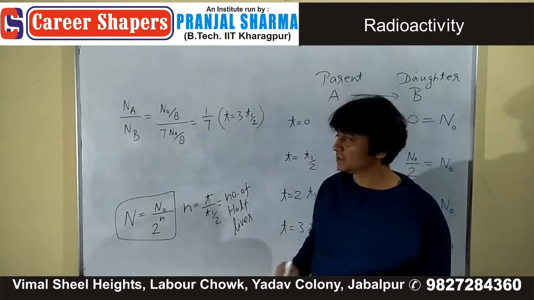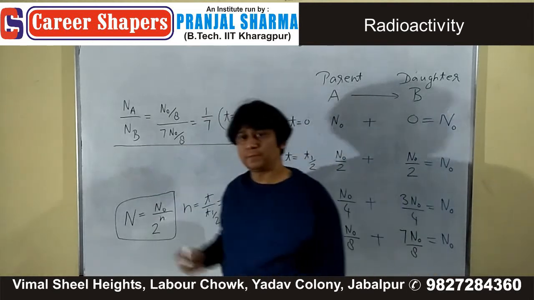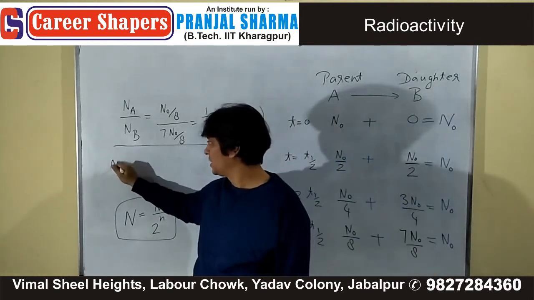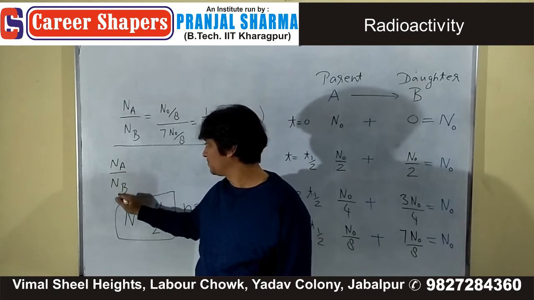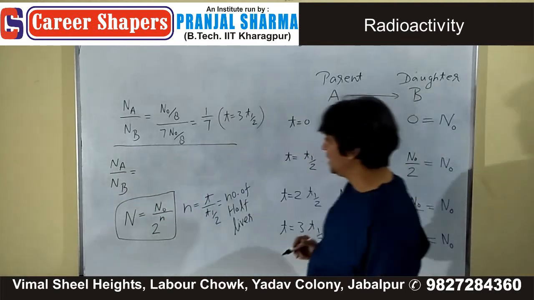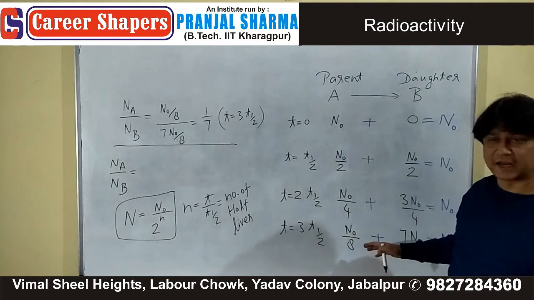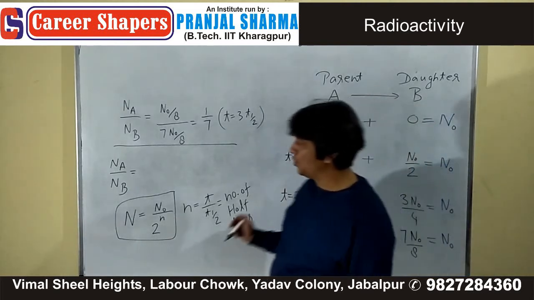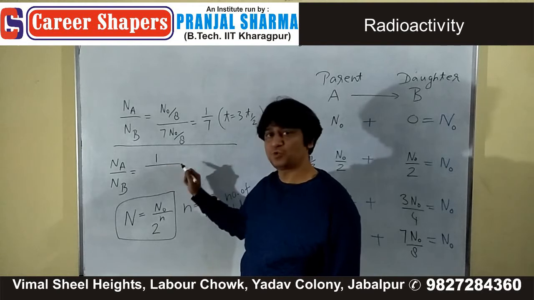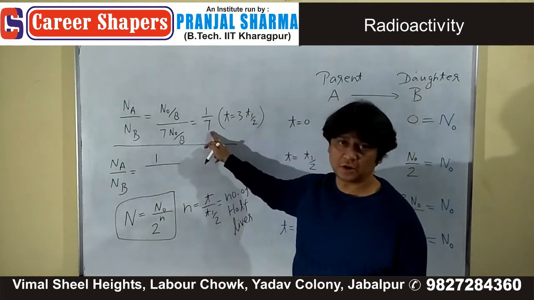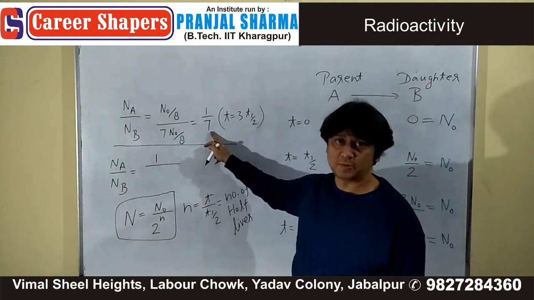We have developed this. Suppose I ask you, what is Na upon Nb after 5 half-lives? You don't have to repeat this again and again. From now onwards, you can simply remember this. What is 7? Look, 7 is 8 minus 1.